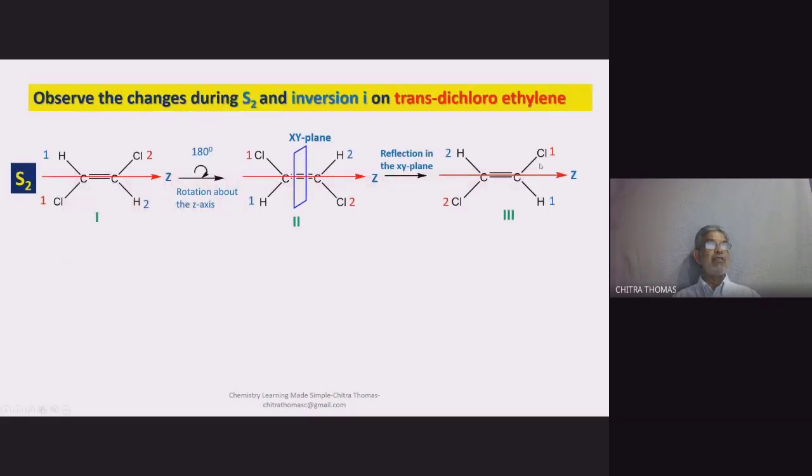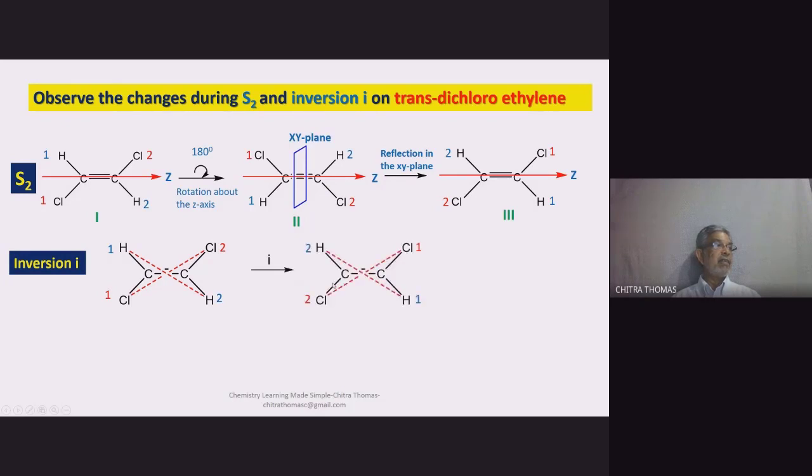So this is S2, what I had just shown. Then inversion I, the same molecule, if you invert it, these two will be interchanged. So this is Cl1, this is Cl2, this is H2, this is H1. Let me number these as 1 and 4 because this is the same molecule.